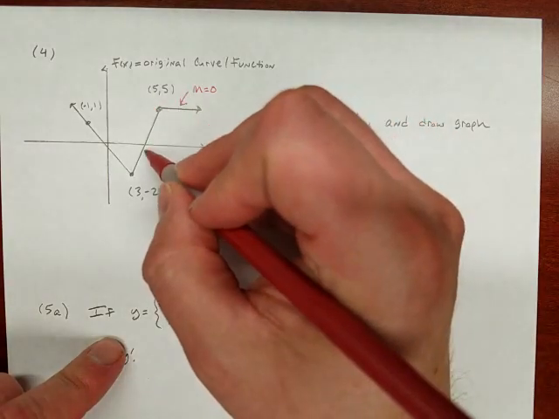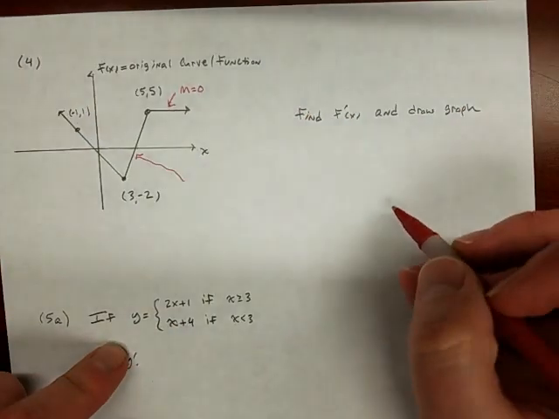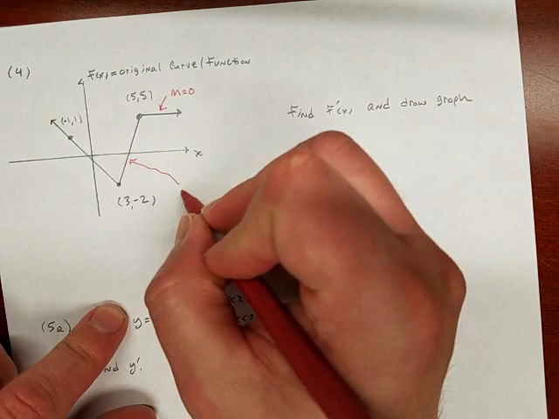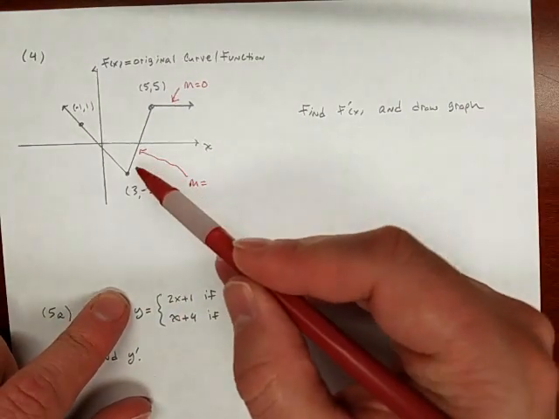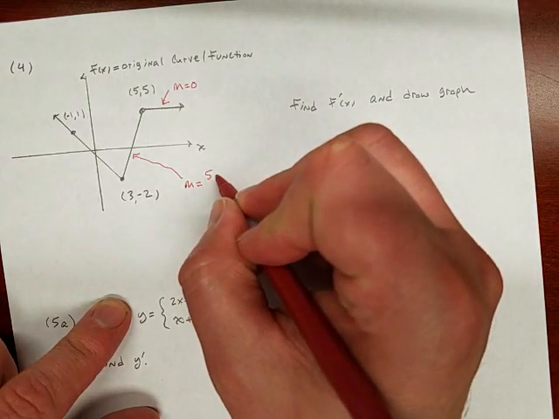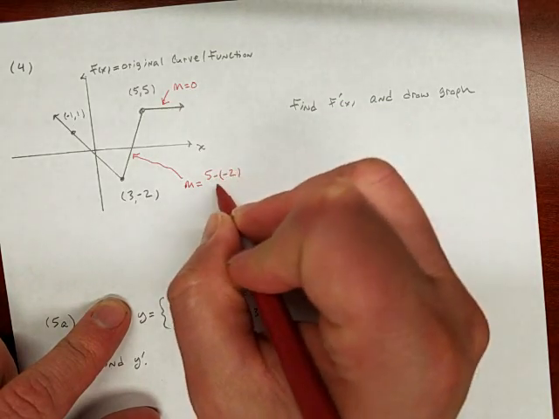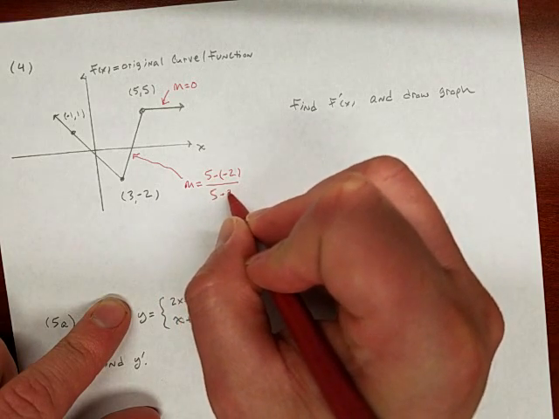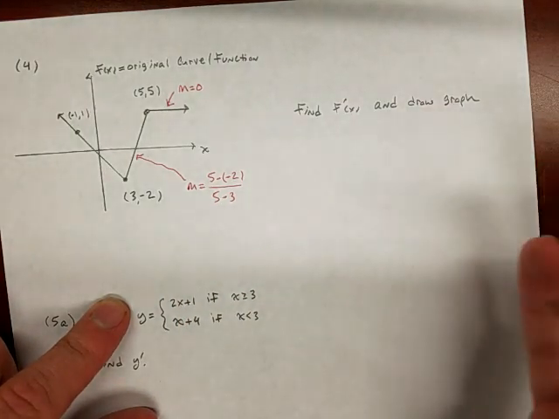What about this other piece? That's by itself a little piece of a line. And the slope there, given that it goes between this point and that point, is, well, here's how you find the slope of a line. There's the rise. There's the run. So 7 over 2.